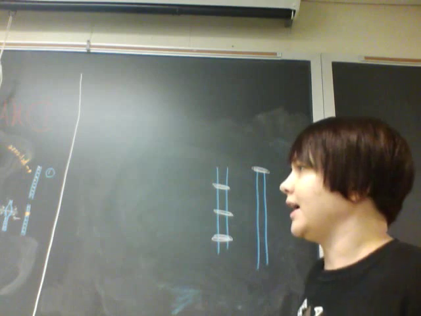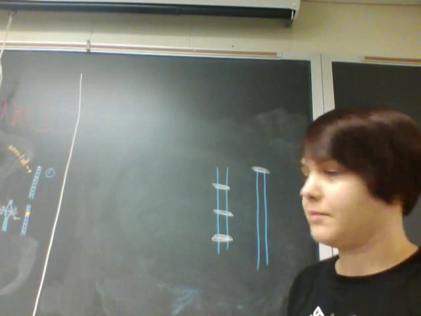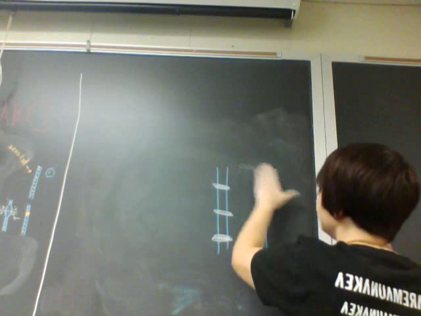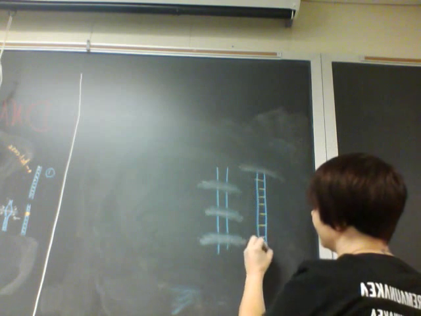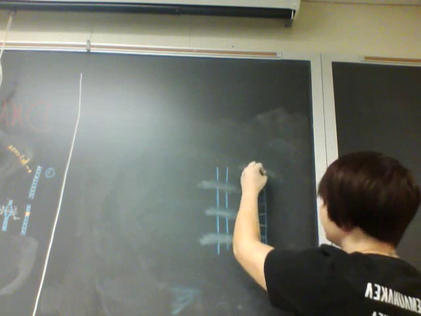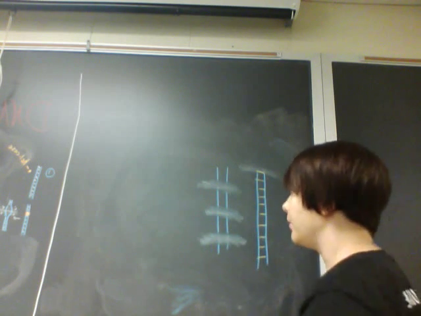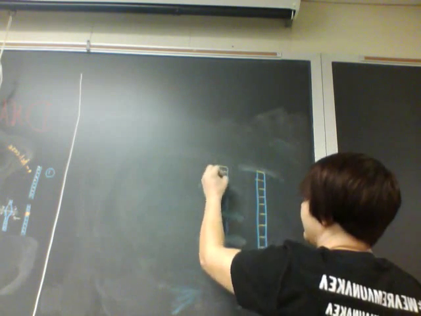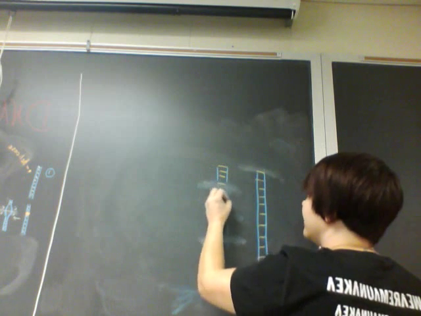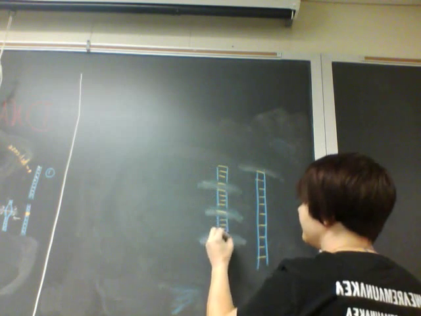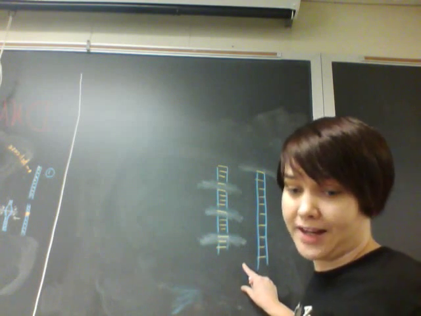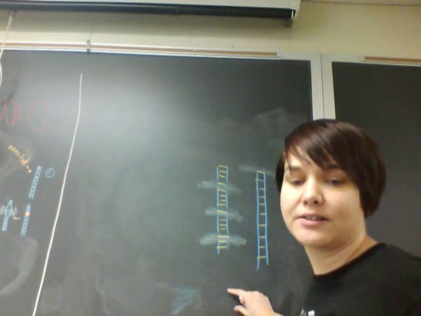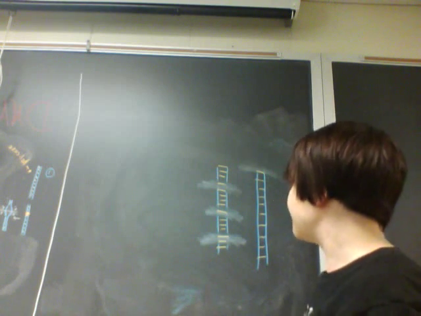So what has to happen now is an exonuclease comes in and removes all these. And therefore, the place where the primer was gets replaced with its corresponding nucleotide. So here's the nucleotide, and they each just replace what was there. If it's A, adenine, then we get a thymine. If it's C, cytosine, then we have a guanine or a G.